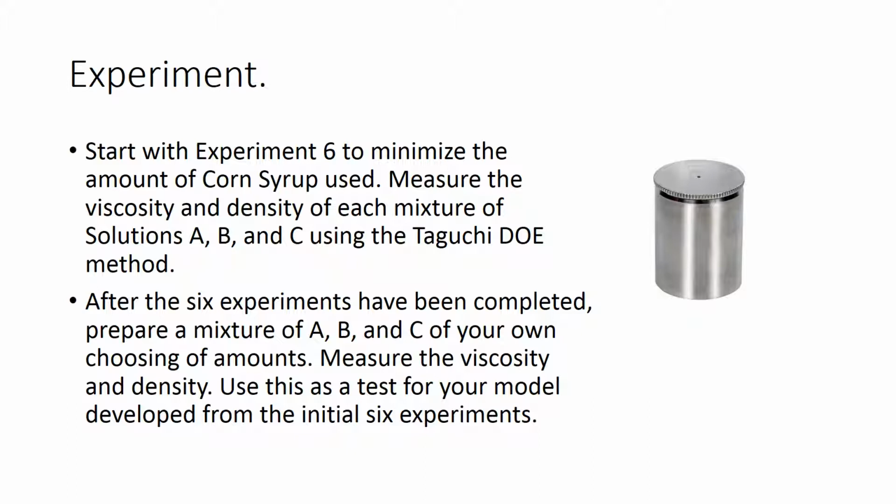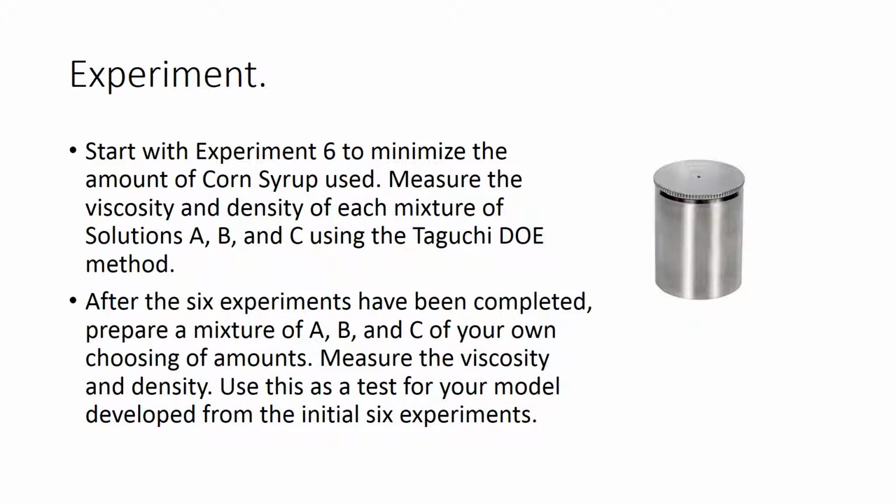After we complete the 6 experiments, we're then going to take whatever residual amounts of A, B, and C are left over and blend them together. The blending would be of your own choosing, but you should measure the mass of each solution before you blend them together. And you'll also measure viscosity and density.